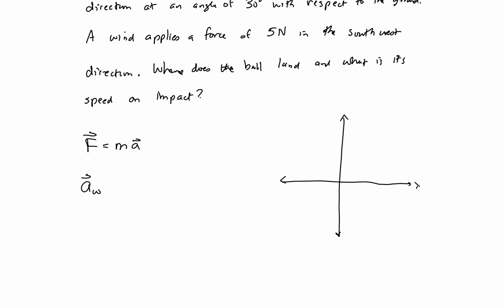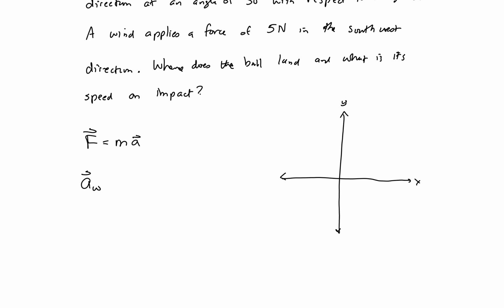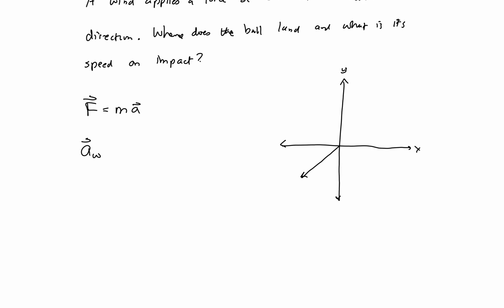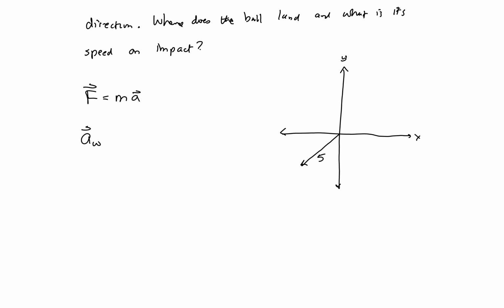So we're going to set this up as x and y first, and the wind is only applying in the southwest direction, so we can ignore the z variable right now for this part. And so it's going southwest, so it's going in this direction here. And we know the magnitude of it is 5. And so the acceleration is 1 over m times the force due to the wind.